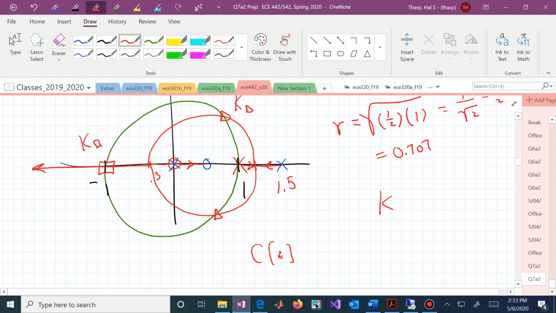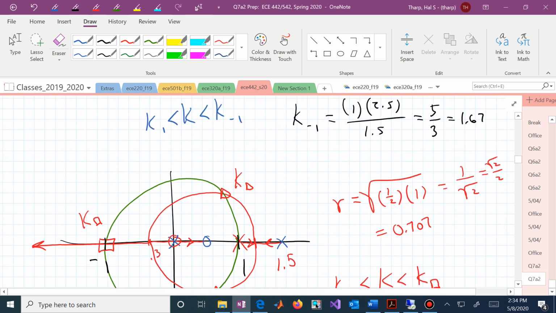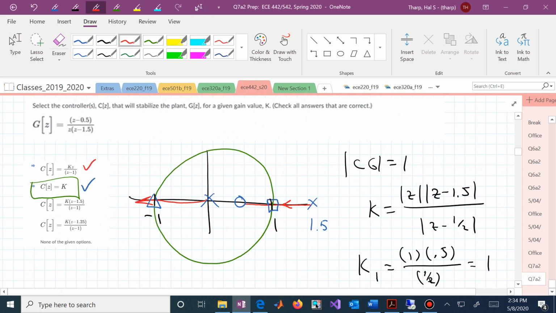C of z was now z over z minus 1 times k. That's okay for k between k triangle and k box, and we didn't need to calculate k triangle or k box. So we've now verified those two.